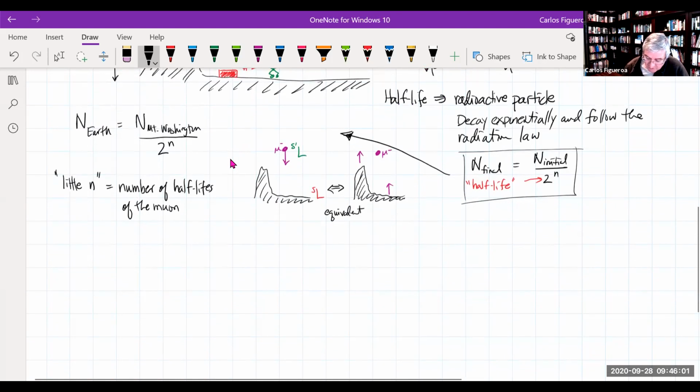So then if I start to move on here, and if I want to get the number of half-lives, we know that the number of half-lives is going to be the time for muons to reach Earth's surface.